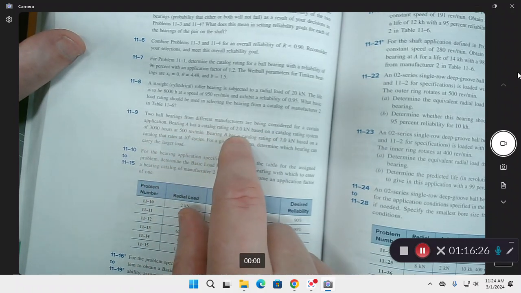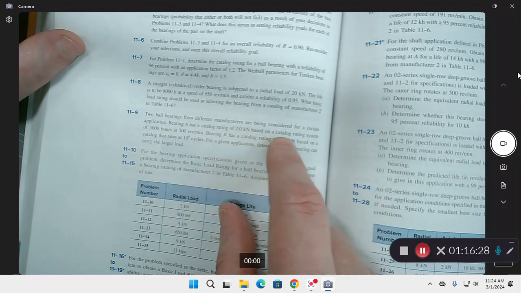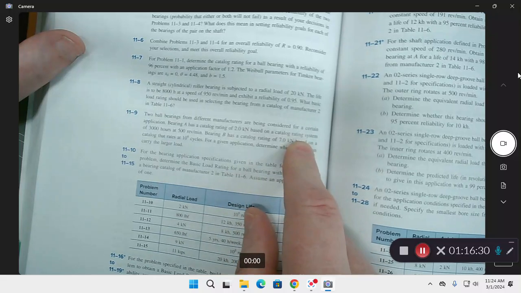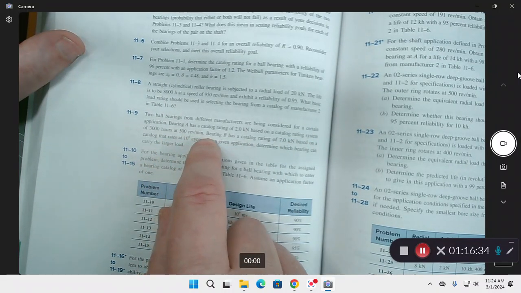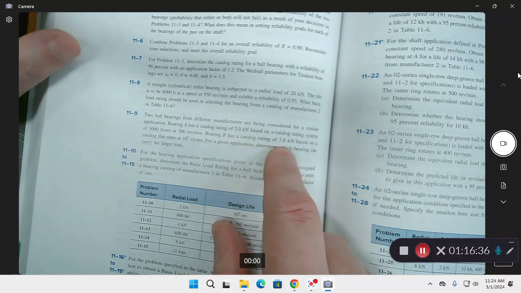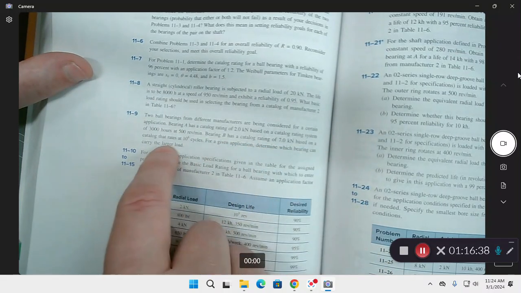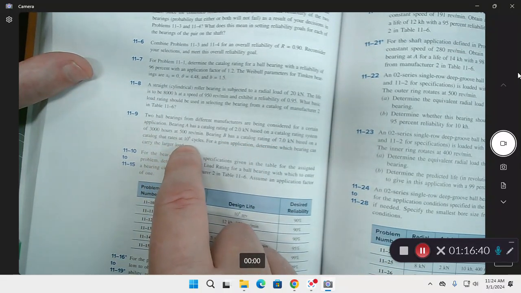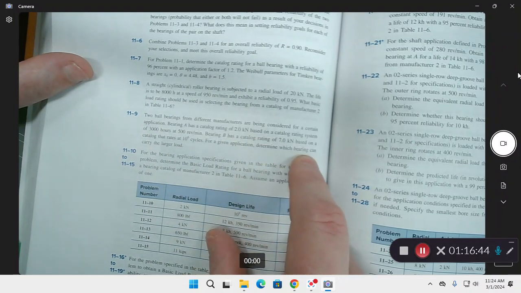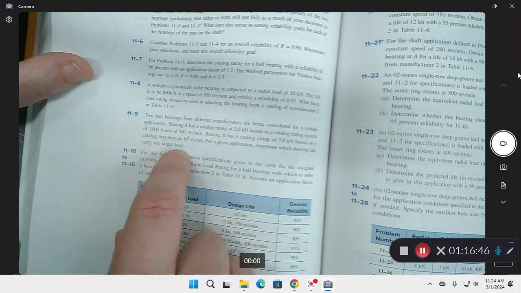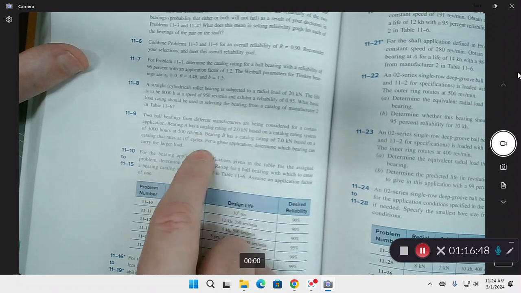Bearing A has a catalog rating of 2 kilonewtons based on a catalog rating system of 3,000 hours at 500 RPM. Bearing B has a catalog rating of 7 kilonewtons based on a catalog rating at 1 million cycles. For a given application, determine which bearing can carry the larger load. I've done that problem a bunch of times.